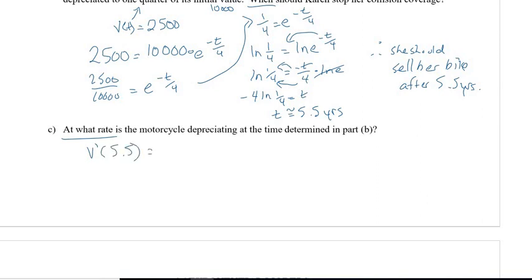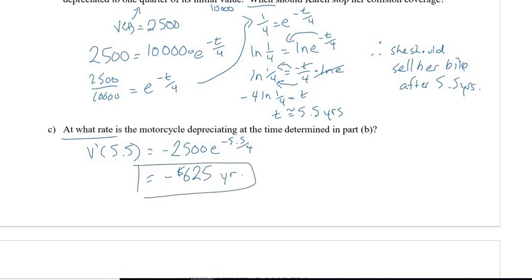We take the derivative that we found in Part A, which was negative 2,500 times e to the negative 5.5 over 4. Punch that in your calculator, and you get negative $625 per year. So at 5.5 years, the bike is depreciating at a rate of $625 every year. That's pretty much it.